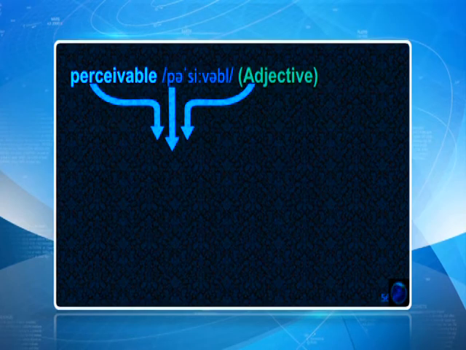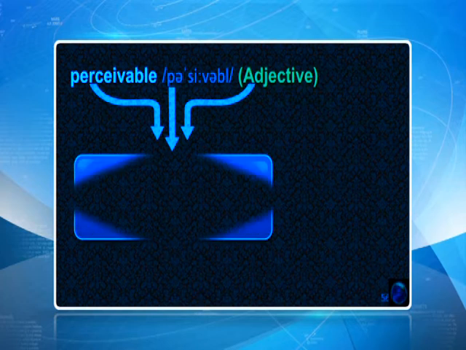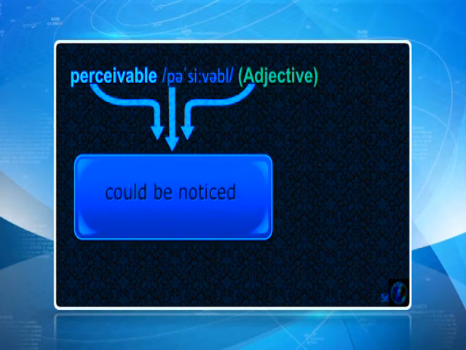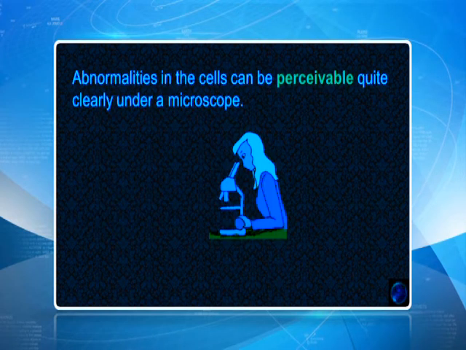The following word is perceivable. Perceivable is an adjective, which means could be noticed. That means it's clear to the eye or to the person. For example, abnormalities in the cells can be perceivable quite clearly under a microscope.